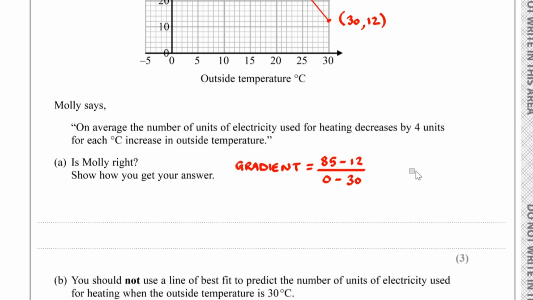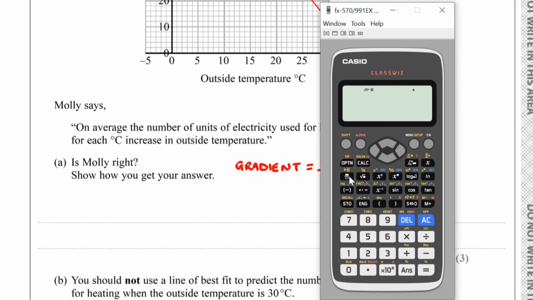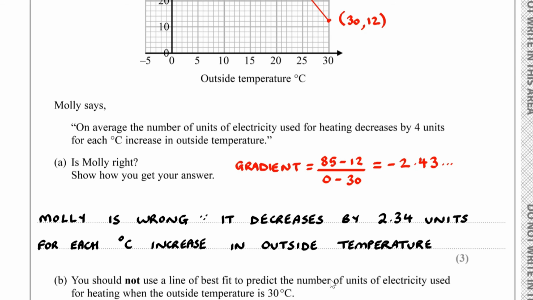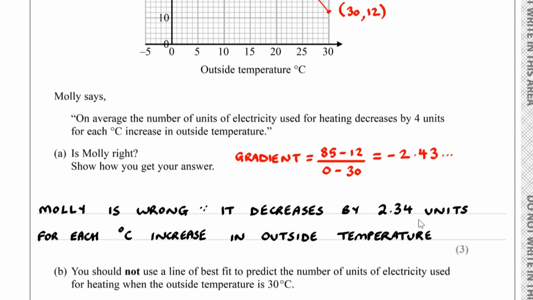So if I work out what the gradient is in this case, 85 take away 12 over 0 take away 30, we get minus 2.43. And so she's wrong because it decreases by 2.43 units for each degree increase in outside temperature.